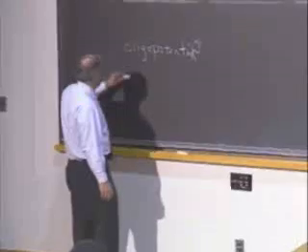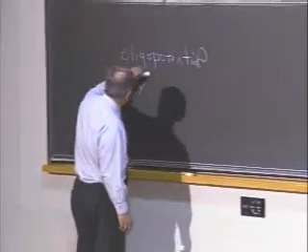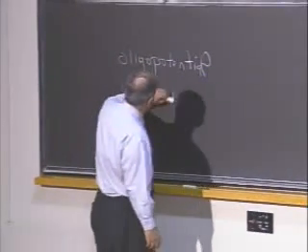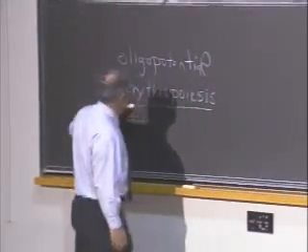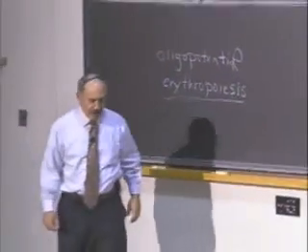At the end of our last lecture, we were focusing on the red blood cells, and this is sometimes called erythropoiesis, which is to say the process by which red blood cells are generated.